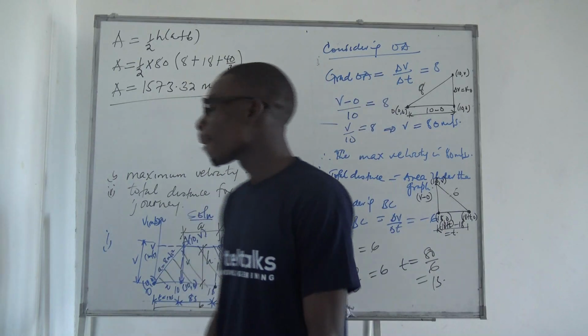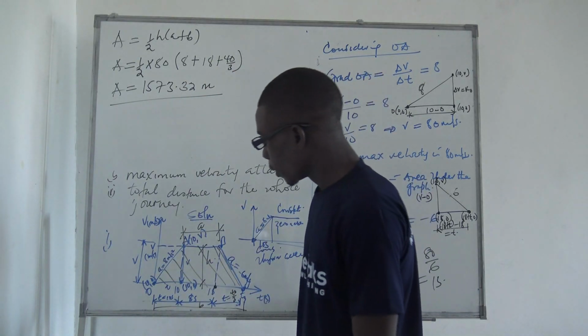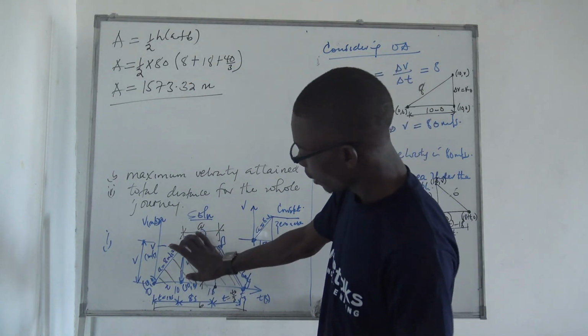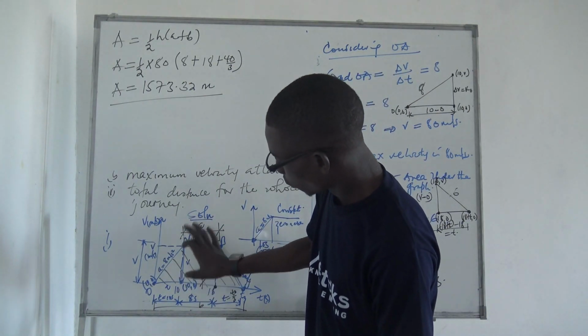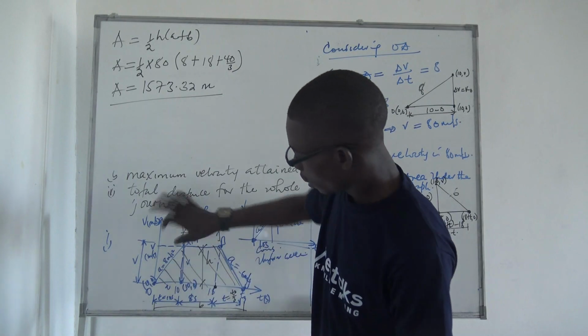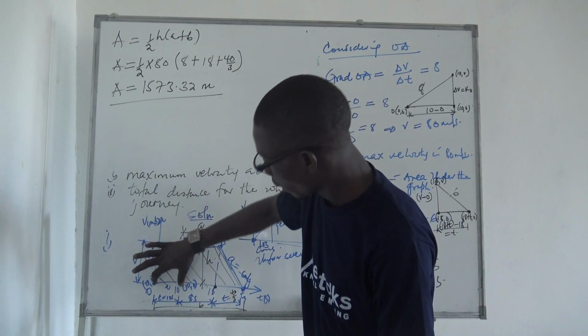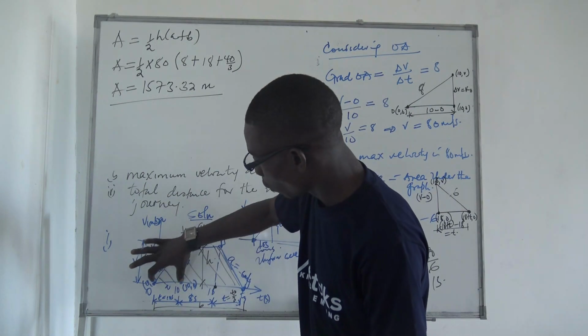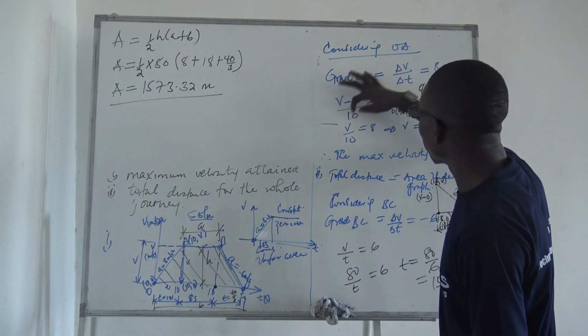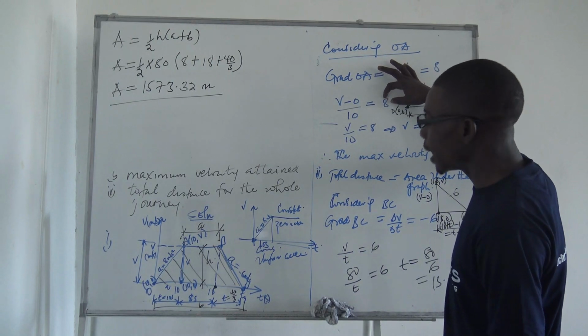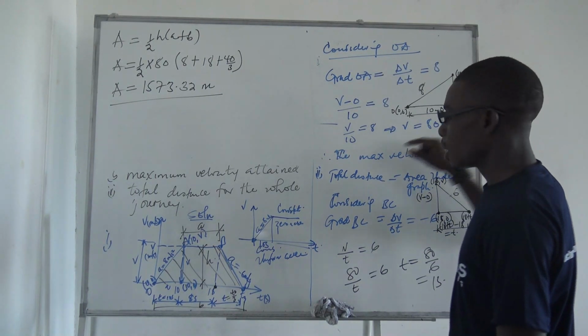Changing this over changing that. If this change here is V, and this change is T, I will say it is V out of T, equaling to the gradient, which is acceleration, to get V.